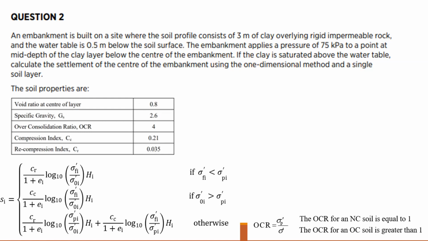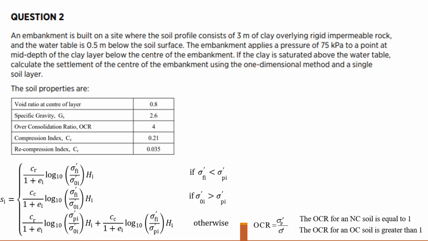I'll explain. Okay, now when you consider the settlement and consolidation questions, there are two things to answer. One is how much settlement, or how much the soil is consolidating. That means how much the volume changes, how much it is going down.